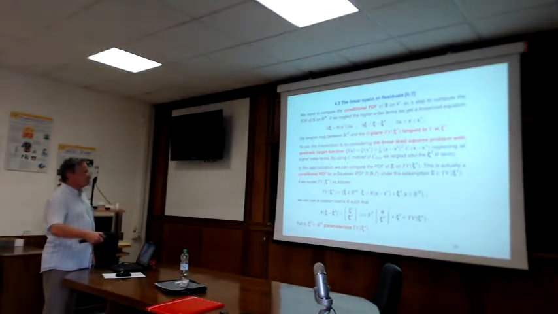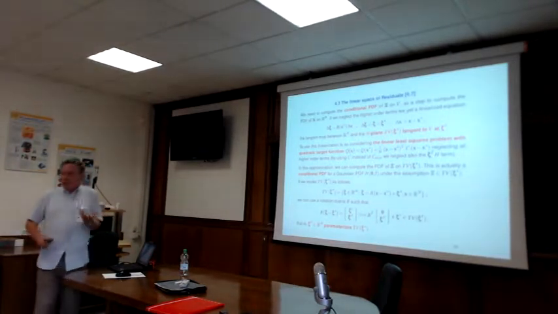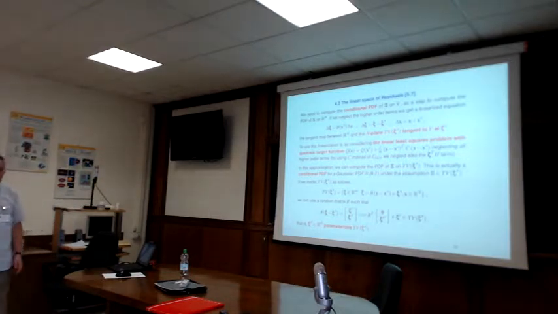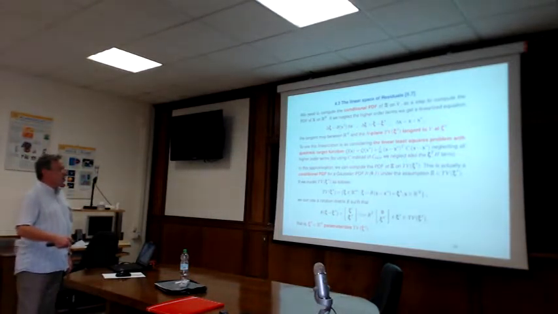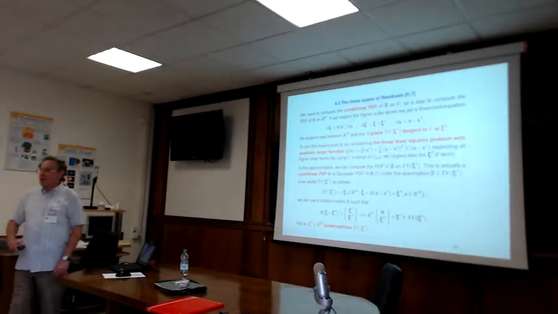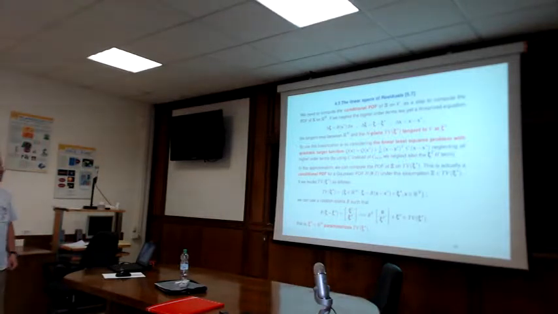I'm sorry, I would need to make a drawing. We do a rotation in such a way that the 6-dimensional manifold is this one, and the 994 other coordinates are these.